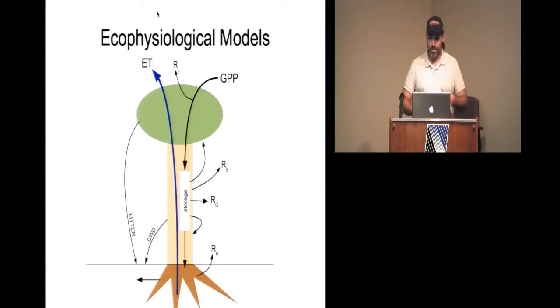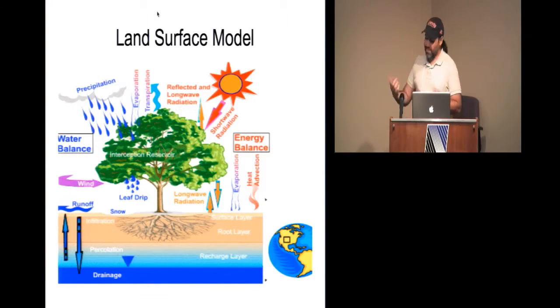These models are linked to models describing the physiology of individual trees. So GPP is the carbon coming in photosynthetically. All these other arrows within the tree are allocation and respiration terms. And then this blue arrow is the flux of water, and so all of our carbon fluxes are coupled to water fluxes.